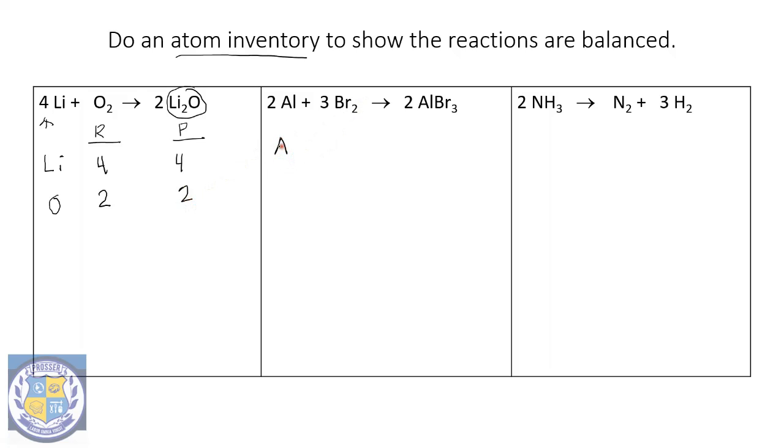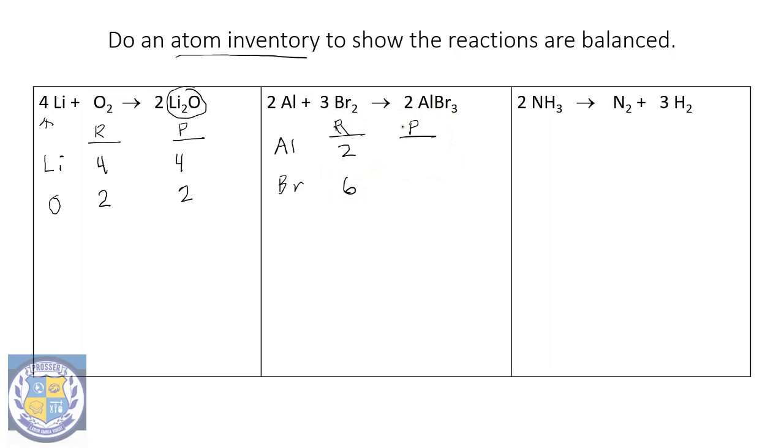We have aluminum, we have bromine, we have the reactants, and we have the products. Okay, aluminum, there are 2 aluminums on the left side of the arrow, and there's 3 times 2, 6 bromines.